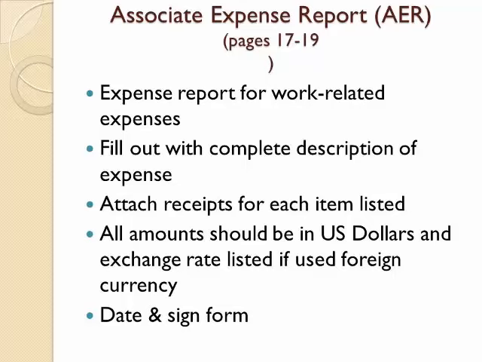Know that we need all travel receipts: hotel, airfare, bus, car rental, train. I don't know if you want to take a train, but no matter what the dollar amount is. Then we get to the $75 mark for other expenses.